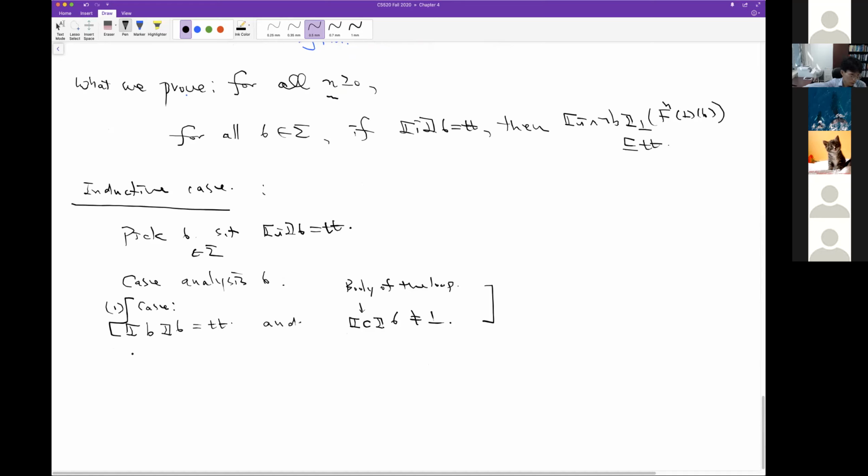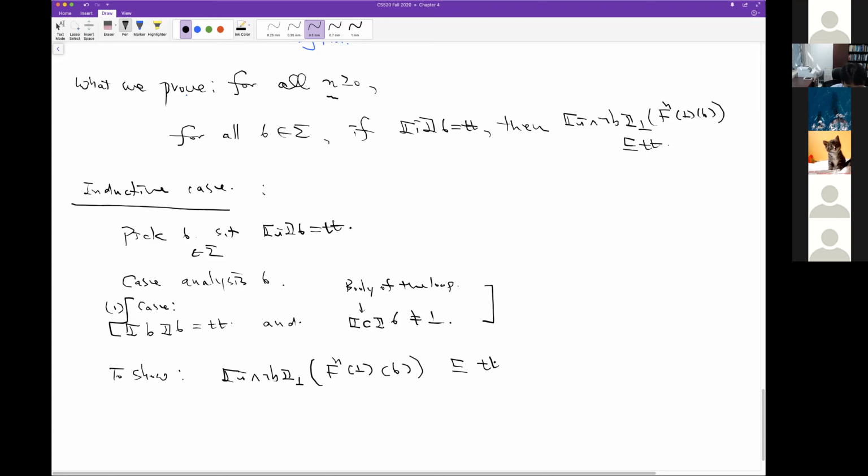Okay, so to prove this case, we unpack this definition. So we look at what we have to prove: the invariant I on the negation of B, bottom, has to be true for all F^n of sigma.